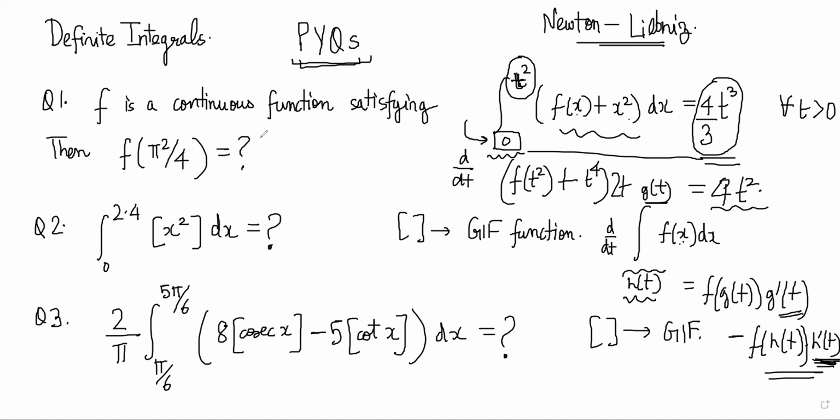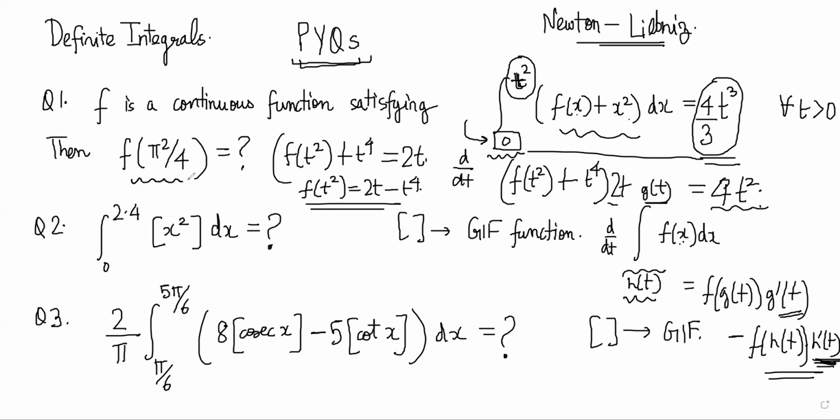You're getting f of t square plus t power 4 multiplied by 2t is equal to 4t square. So if you divide by 2t, you are getting f of t square is equal to 2t minus t power 4, right? Yes, sir.